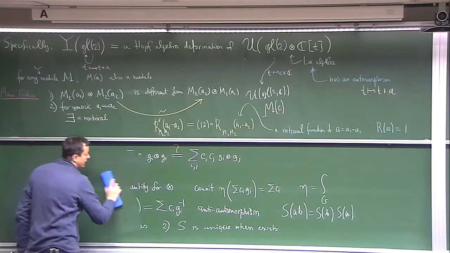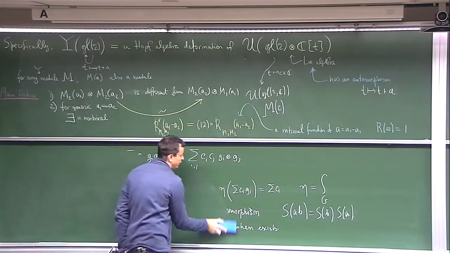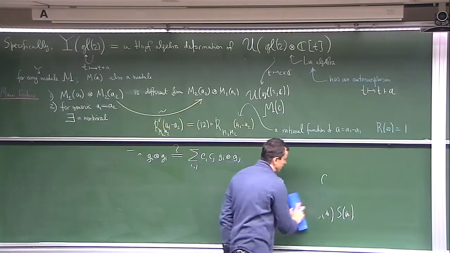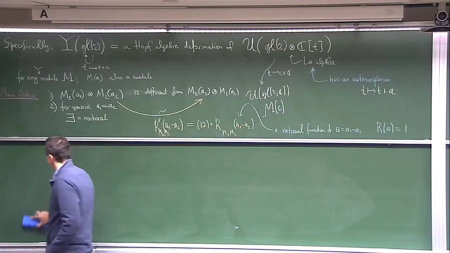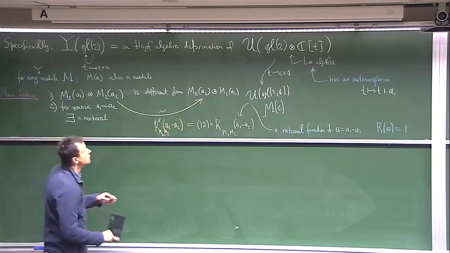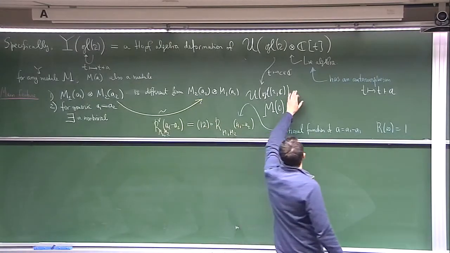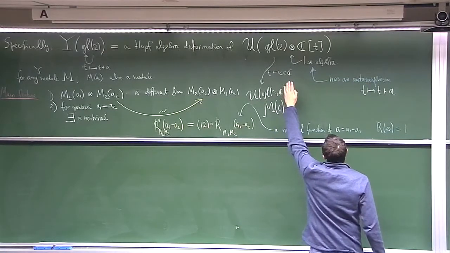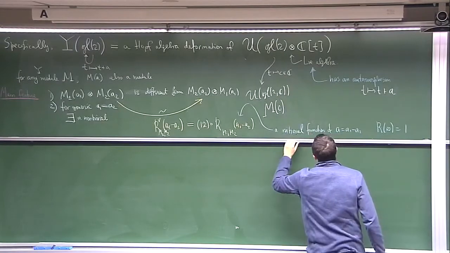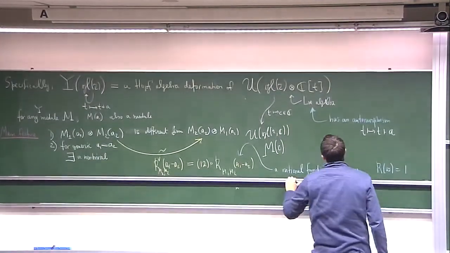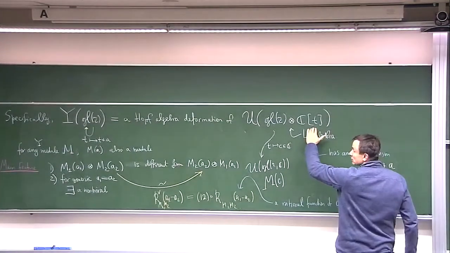And so, in representation theory of quantum groups, you can ask, why did I start with these polynomials?